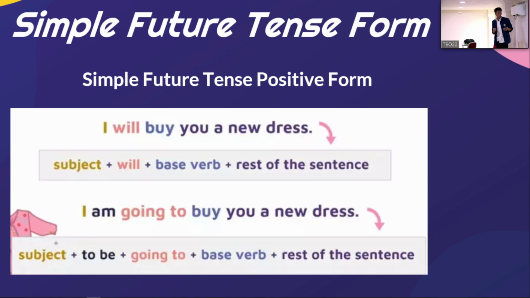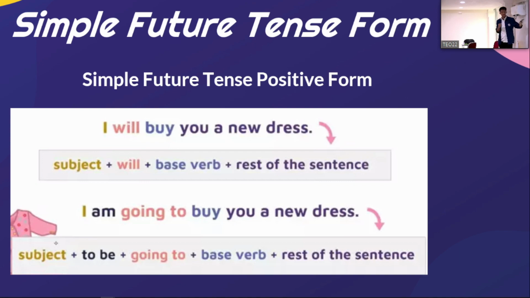And then for going to, the formula is subject plus to be, you need the to be in going to, and then going to plus base verb, and then the rest of the sentence. For example, for will: I will buy you a new dress.